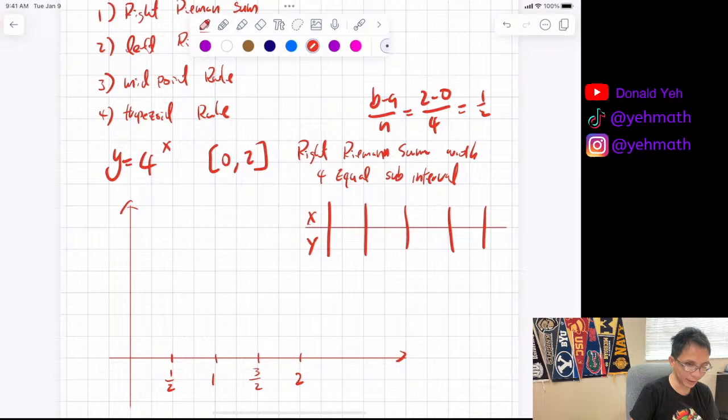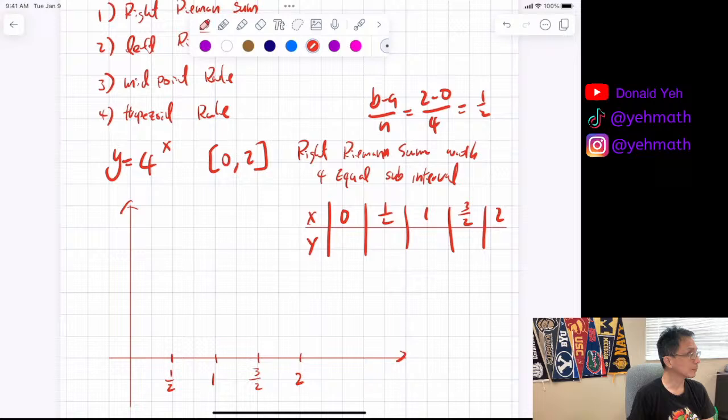So this is equal to 1/2. That means each half interval is going to be a rectangle. So I'm going to start with 0, then 1/2, 1, 3 over 2, and 2. I get 5 values, but if you have 5 values, you get 4 spaces in between.